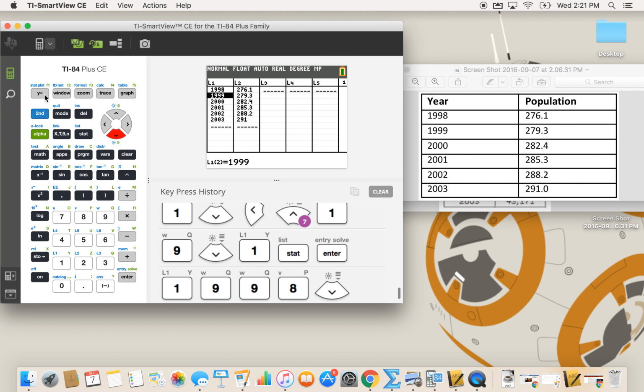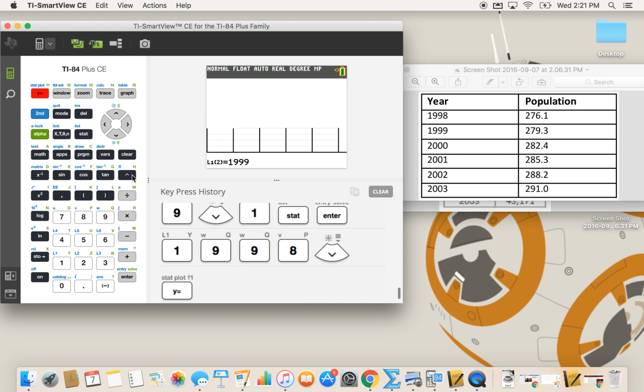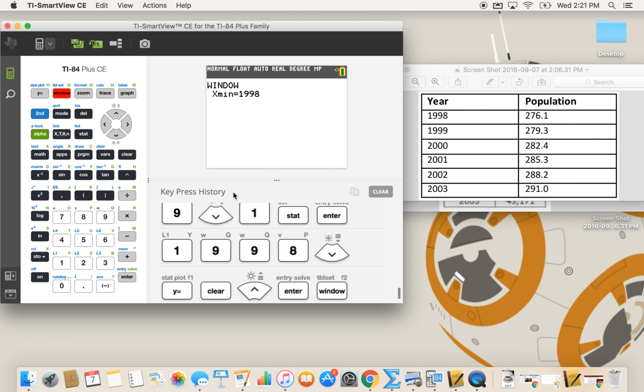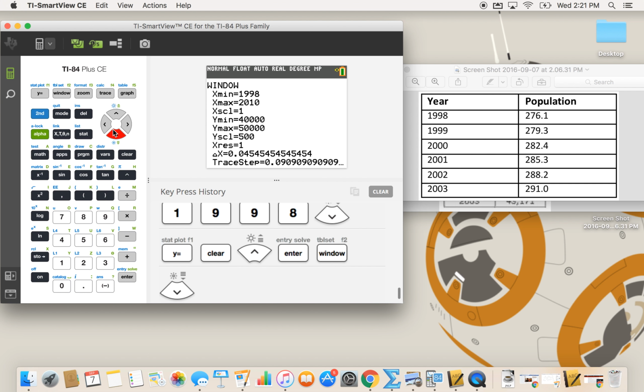Now, if I want to look at the points on my graph, you don't always want to, but if you did, you turn on the plot. Again, you'd have to change your window. My years are pretty good, but my y values aren't.